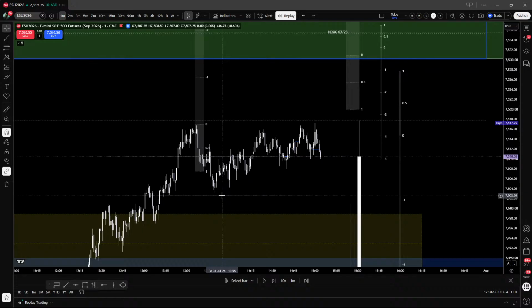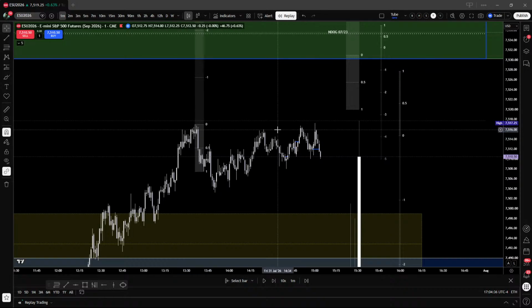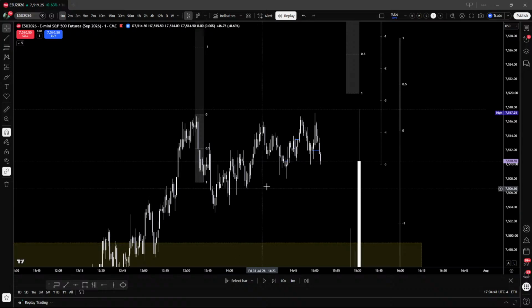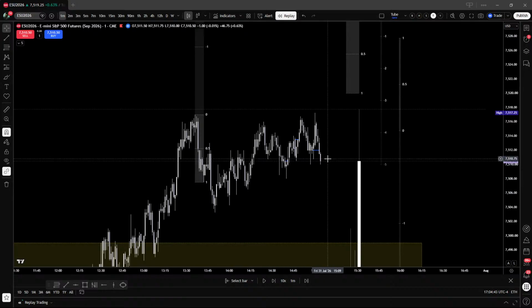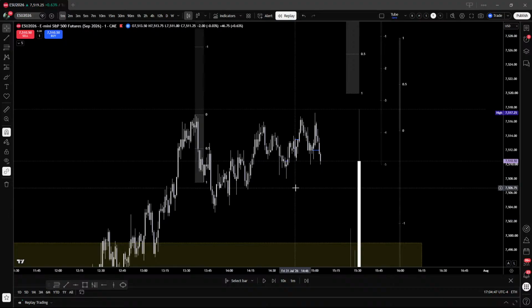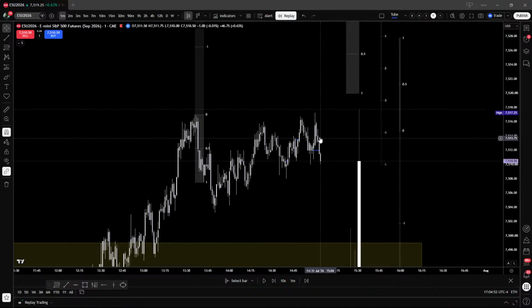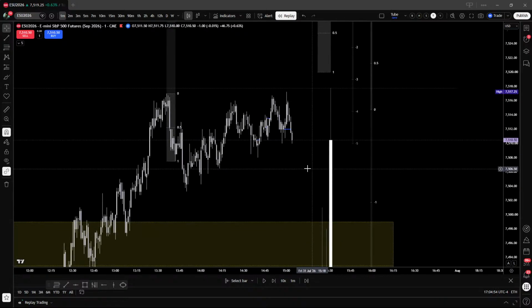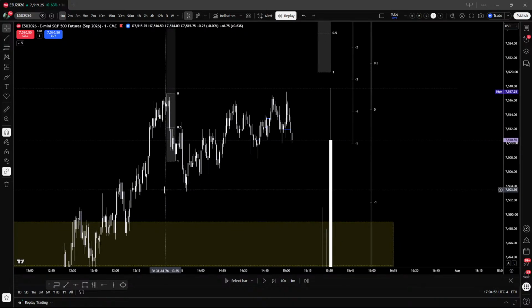Yeah, because another reason you could have thought, okay, this is a distribution is because it was creating all this liquidity here, right? So you could have thought, okay, it's consolidating here, but then it's a distribution, the end of a market maker buy model.